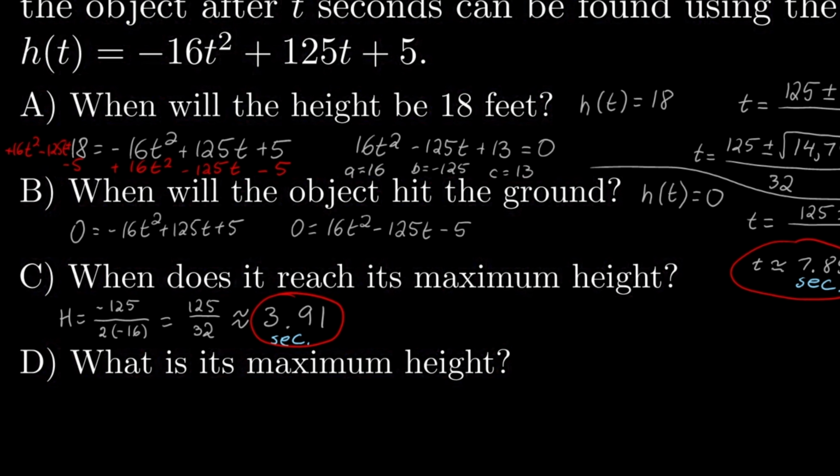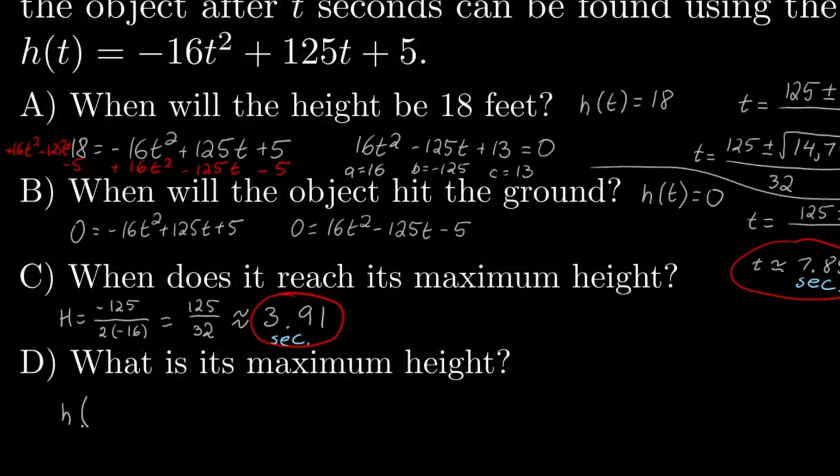The final question is, what is its maximum height, which is simply the matter of evaluating our height function at the x-coordinate of the vertex, in our case, t-coordinate of the vertex, 3.91, or really 125 over 32, and then simplifying that.